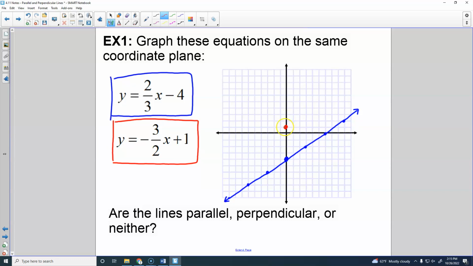Okay, so from this point, what should I do? Okay, down 3. And then what? Good. Down 3, right 2, down 3, right 2. I could also go up 3, left 2 to finish drawing out this line.